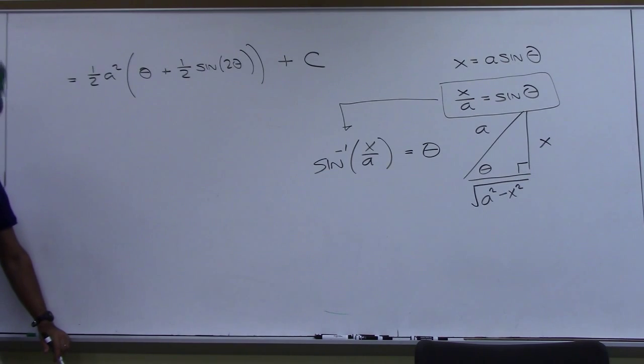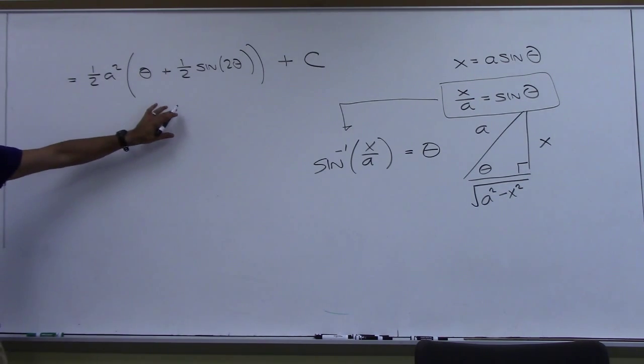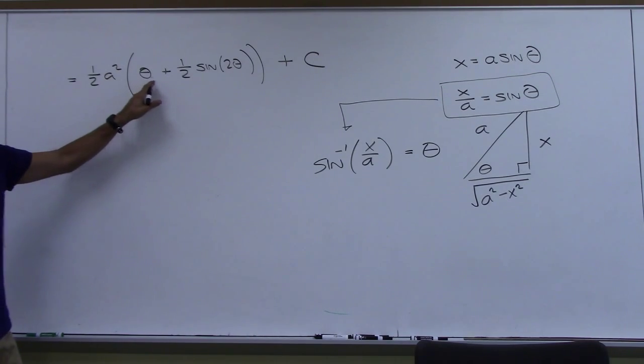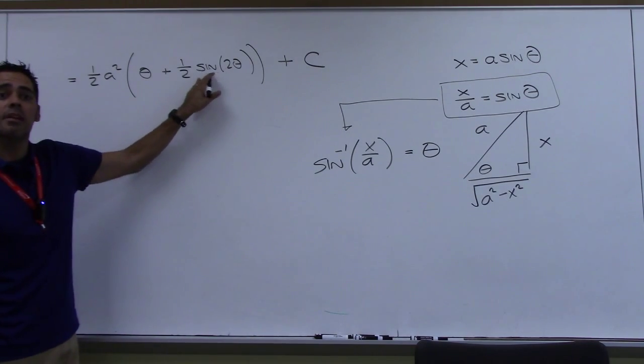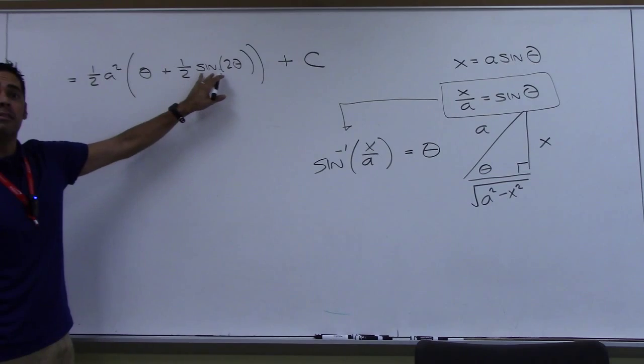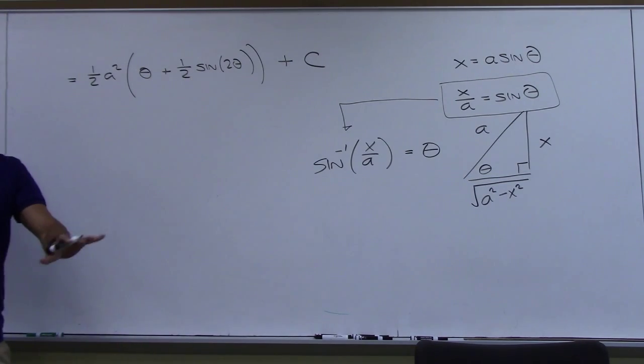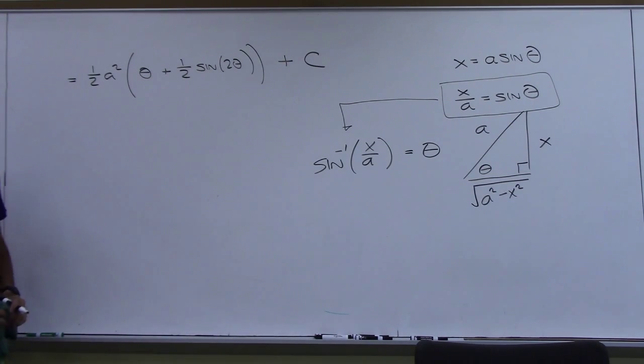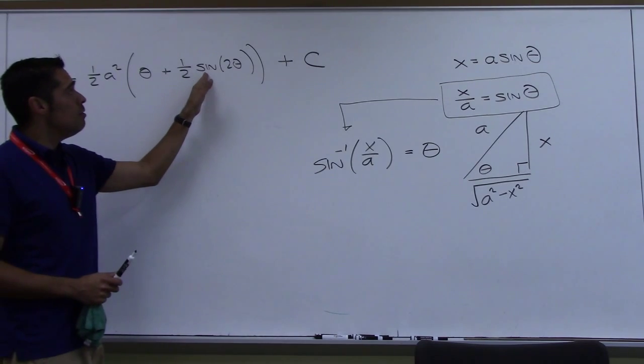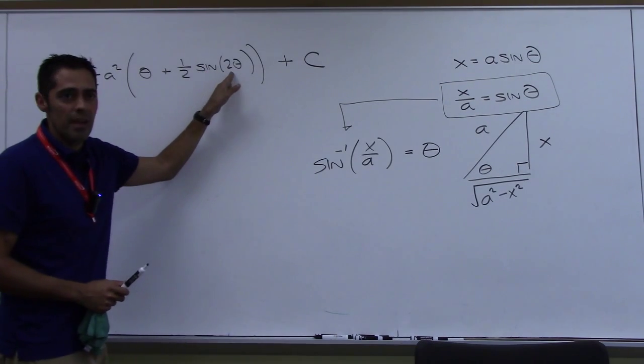So anyone on Sean's table, including Sean, I'll let you answer too. We've taken care of theta, which means we have to resolve this. Any ideas of what to do with that? No one else can help. Not yet. Let me help you. Do we know anything about sine of 2 theta?